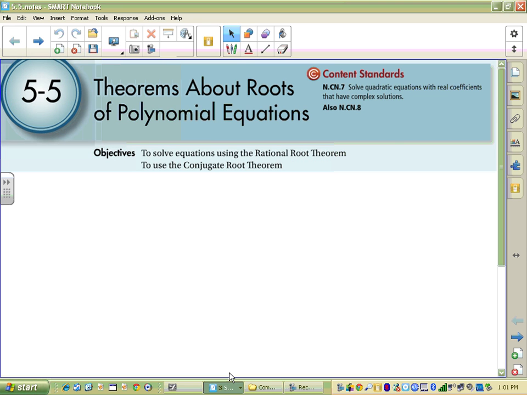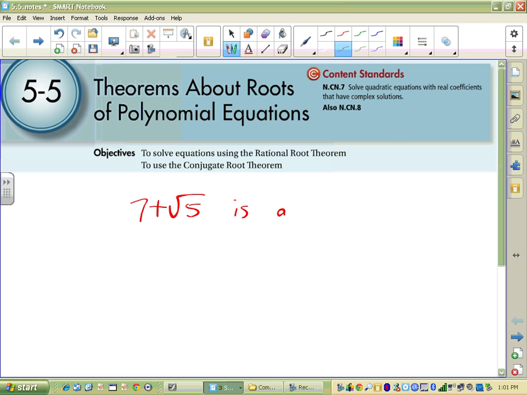So what's going to happen is they, whoever they are, are going to tell you, okay, so here's 7 plus rad 5, and it is a 0 or a root of a polynomial. They're going to tell you 7 plus rad 5 is a 0 of f of x.